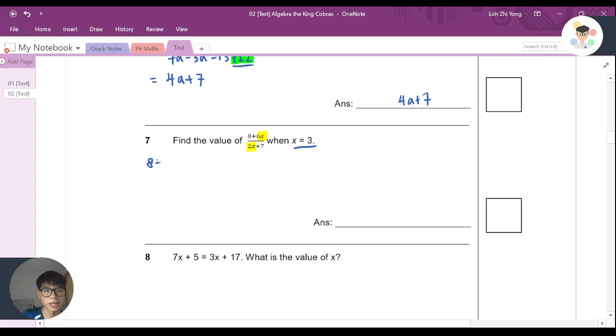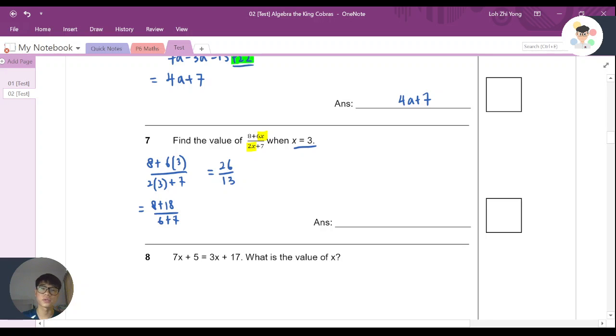So it will be 8 plus 6 times 3, over 2 times 3 plus 7. So it will be 8 plus 18, over 6 plus 7. So basically you can find out that it's equal to 26 over 13.